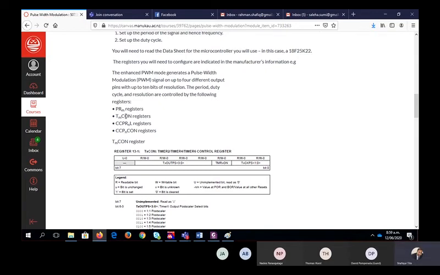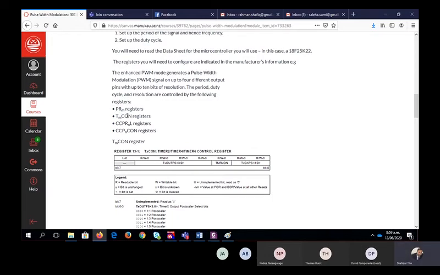If you use timer 2, then your period register would be PR2. That's why I have used M here. These two should be the same, so PRM and TMCON should be the same.